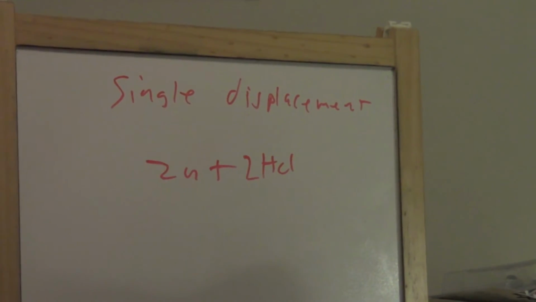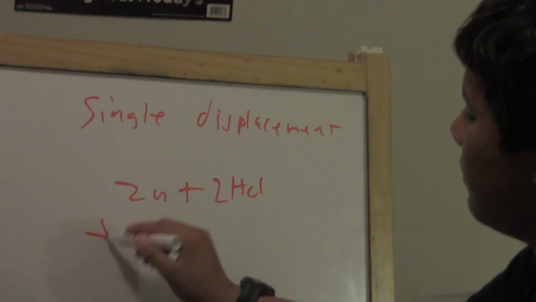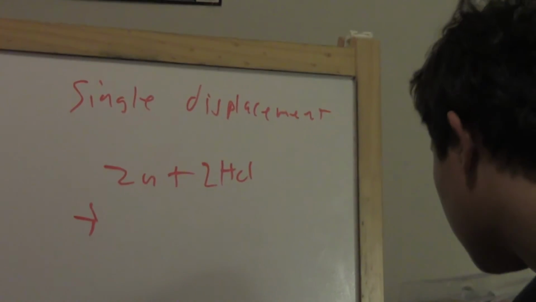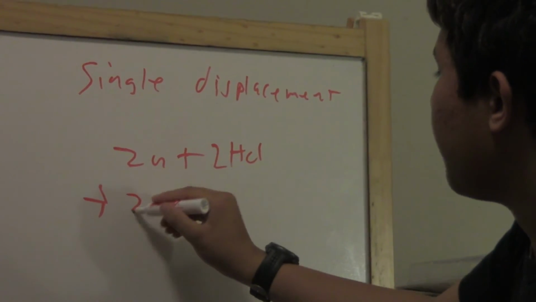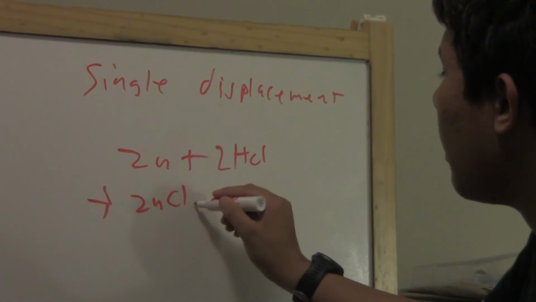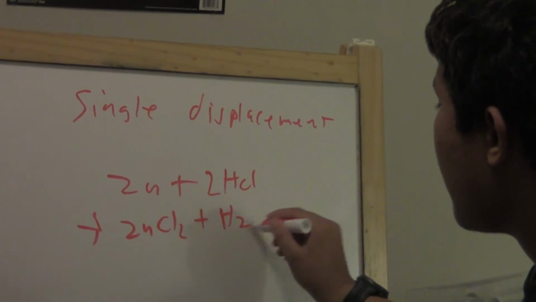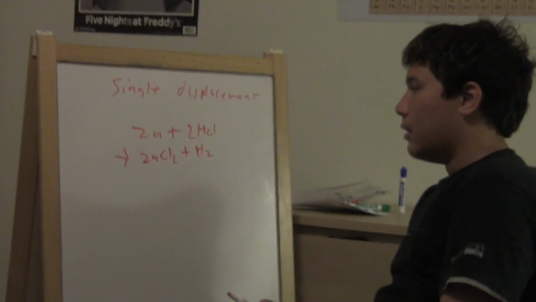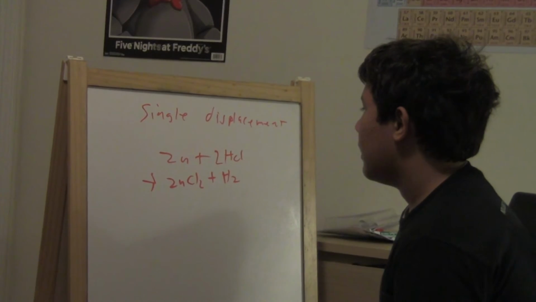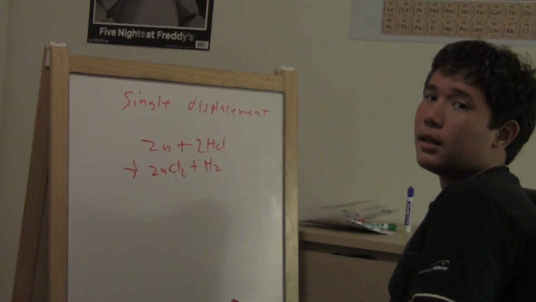You're thinking to yourself, how can this actually go by? Well, the answer is you can do a little switcheroo. The hydrogen goes away, and the zinc combines with the chlorine to make zinc chloride. But our sad hydrogen gets pushed out, only to sit there by itself, all lonely. And that is single displacement. Basically, it's a switcheroo with only one element.